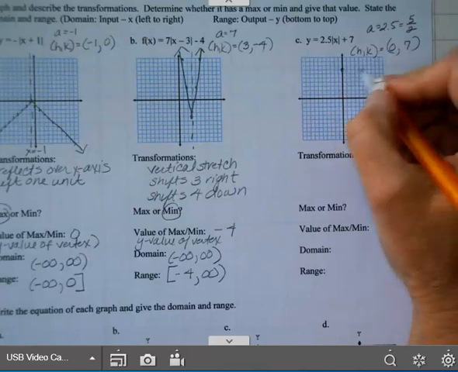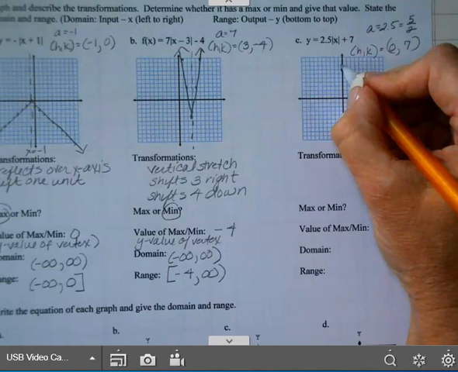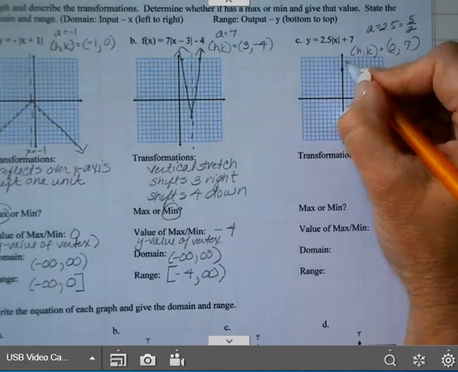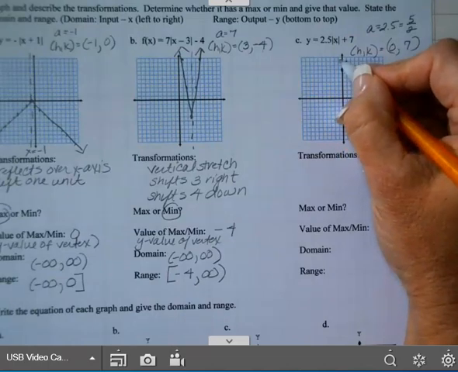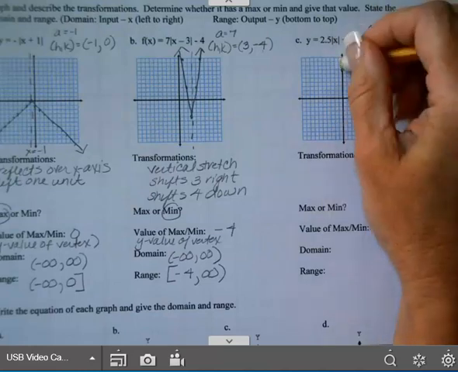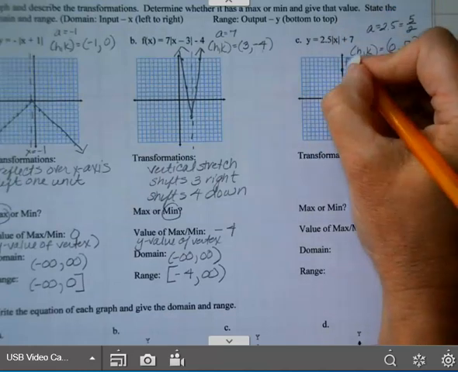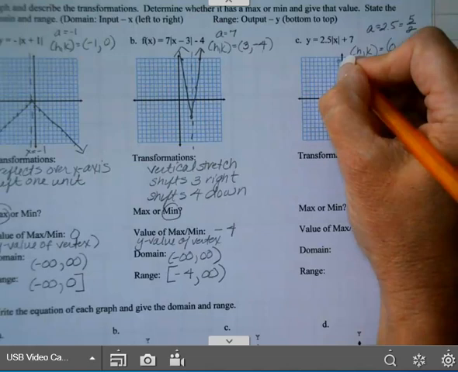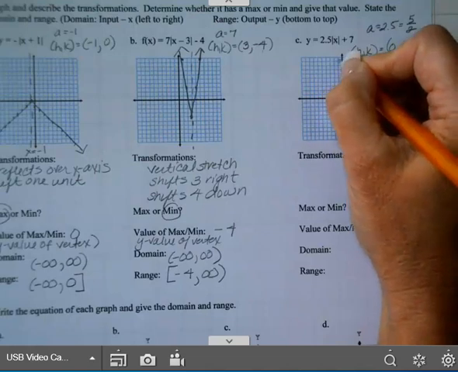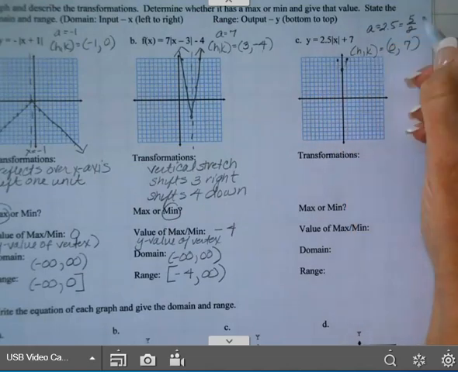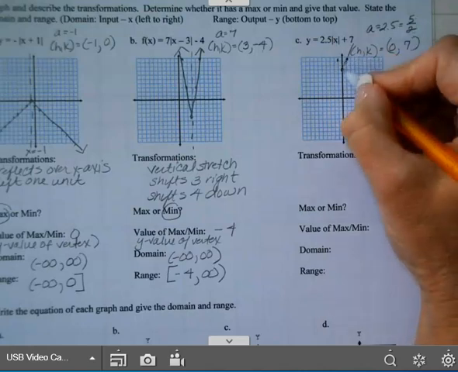And it's going to go up 2.5 spaces and over 1. I kind of like to go even spaces, so I would rather go up 5 and write 2. We're going to run out of room on our graph though. So our graph looks something like that.